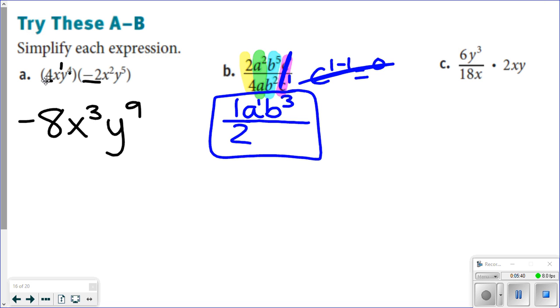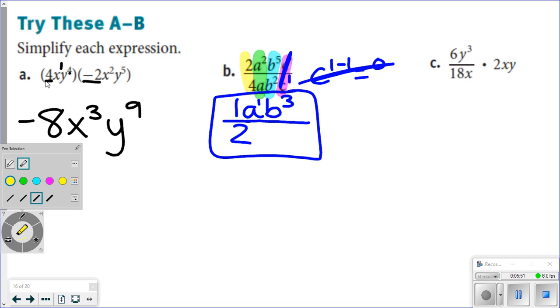Question C, let's choose to do the division first. Okay, so if I'm looking at question C with this division problem, I have 6 divided by 18, and I know that can be simplified or reduced.